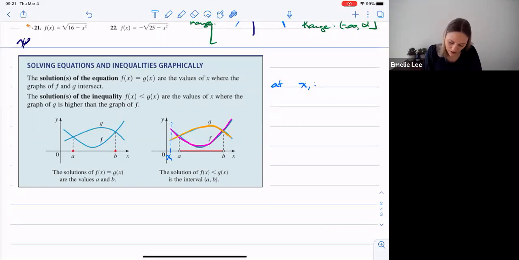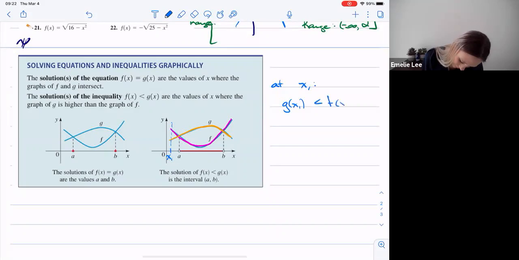And so at X1, G of X1 is less than F of X1, right? The output of G at X1, which is the one I kind of made up here, is going to be less than the output of F, which is actually above here, right?